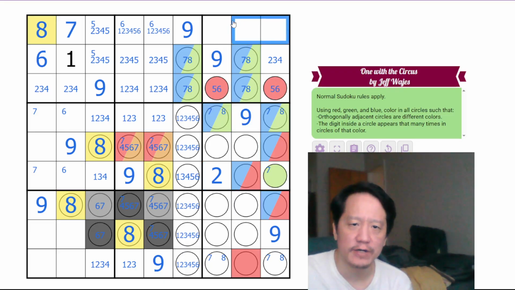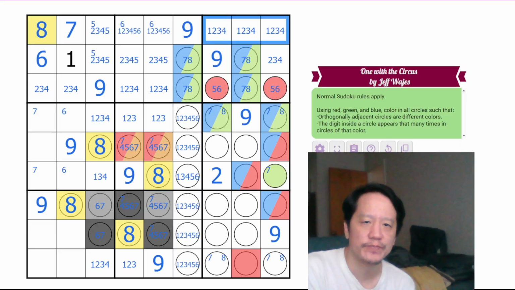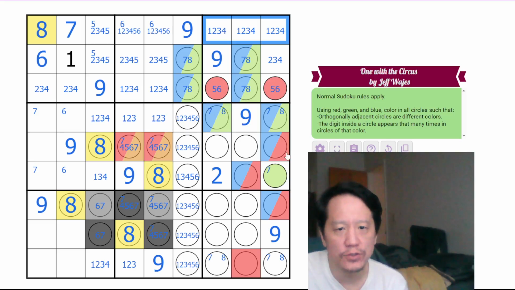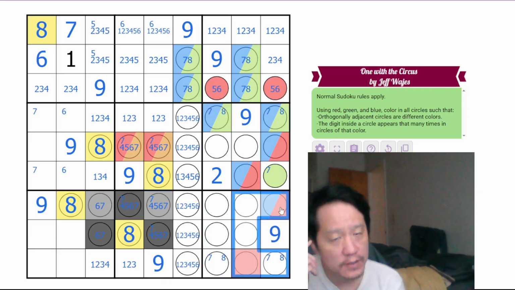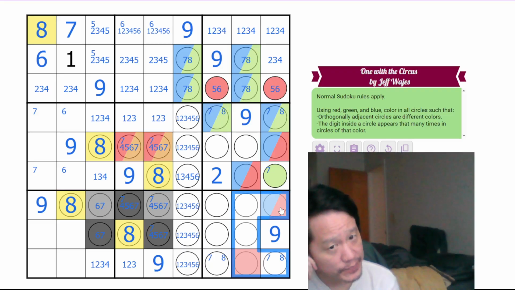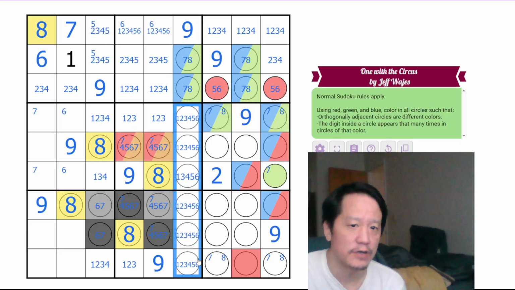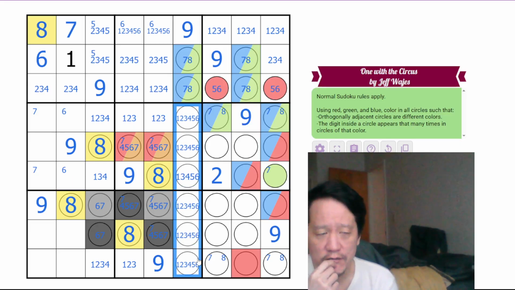Remaining digits of box 3 are 1 through 4. It's guaranteed 2 has to be in one of these cells in box 9. And it's in a circle in column 6. We're just not sure which one.